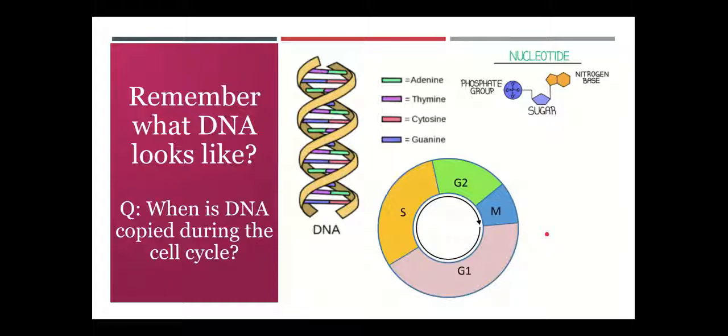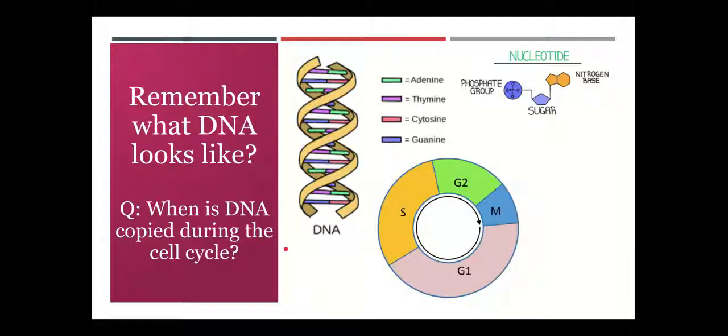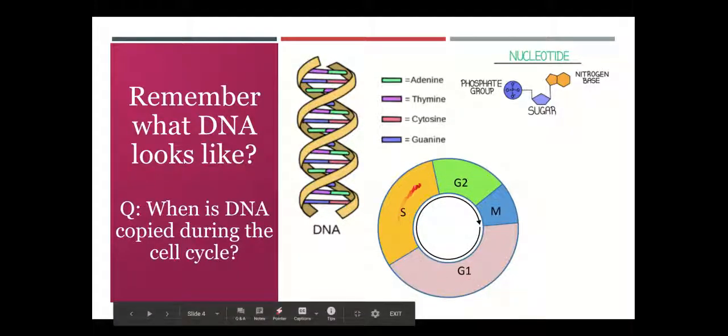All right, welcome back. I hope you have thought about this question about when DNA is copied during the cell cycle. We remember that there are 4 major parts to the cell cycle. We have these 3, G1, S, and G2, that make up a phase called interphase.